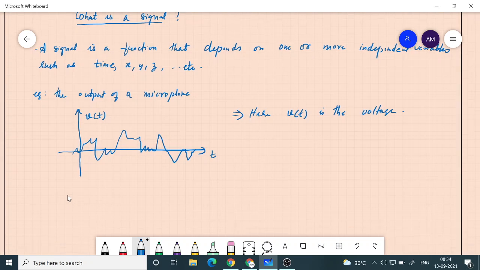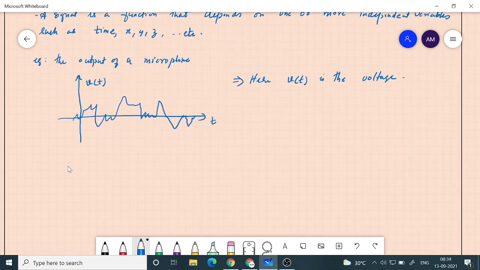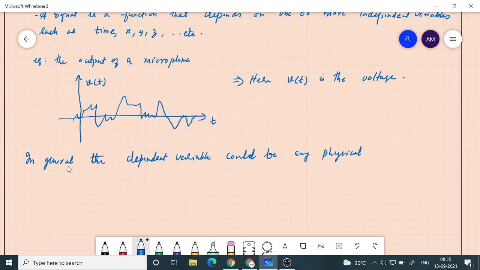So in general, the dependent variable could be any physical quantity such as voltage. In this example it was voltage. It could be current also.